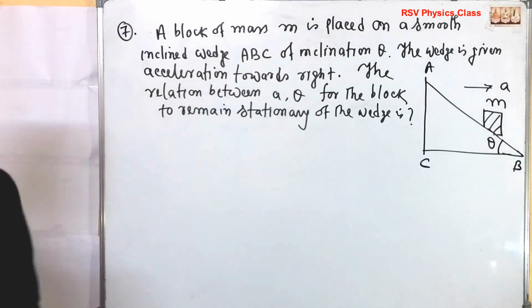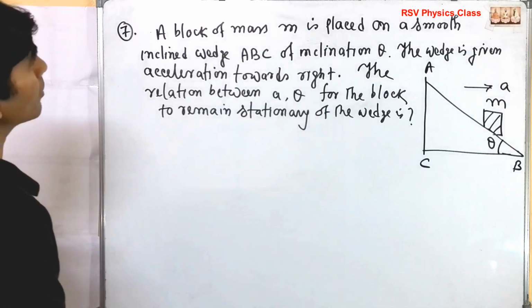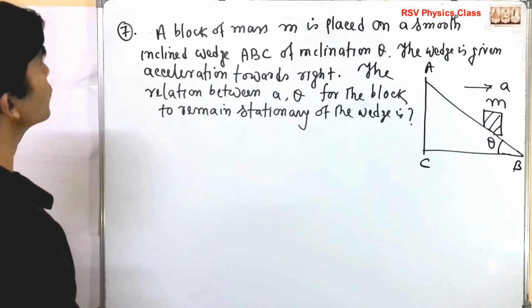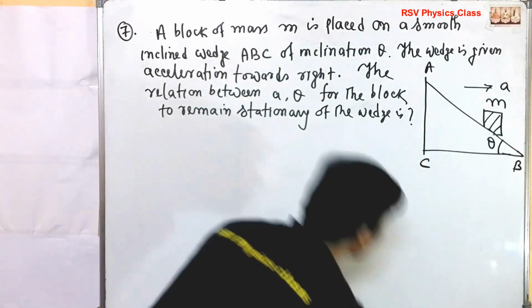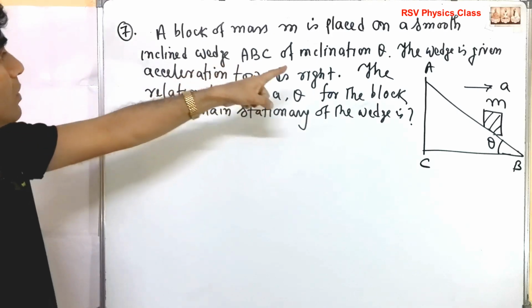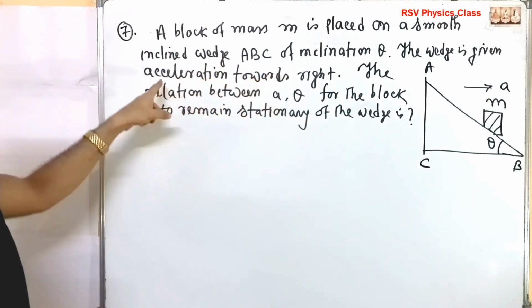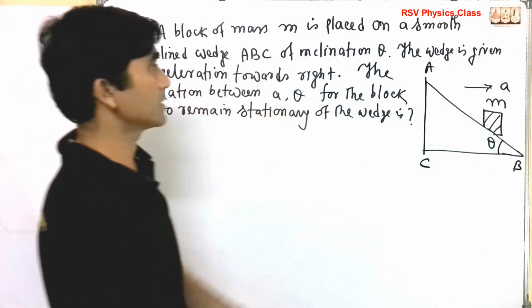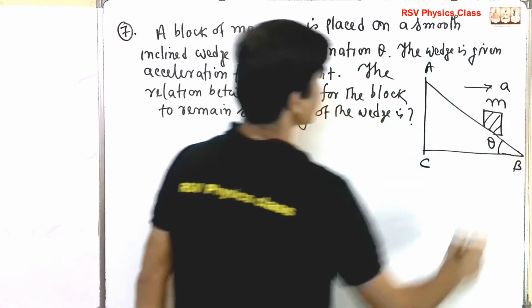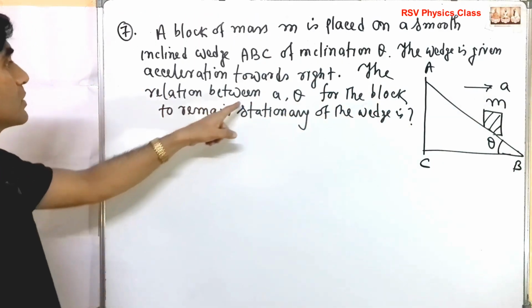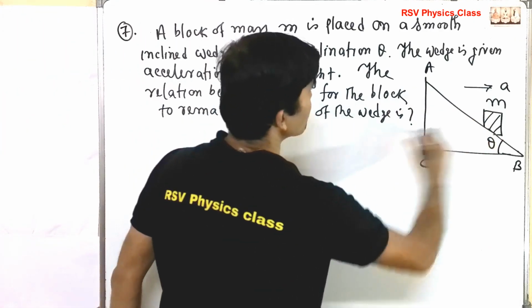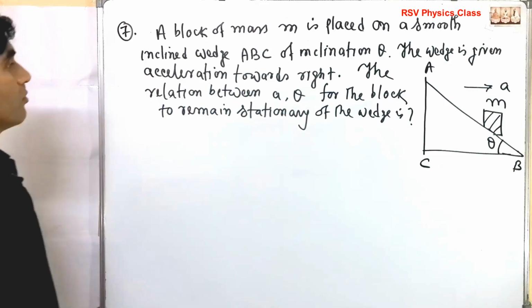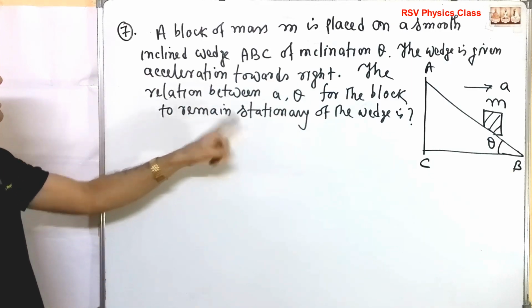Okay. Problem number 7. A block of mass m is placed on a smooth inclined wedge. This is your smooth inclined wedge. Now the wedge is given an acceleration towards the right. So we are giving acceleration on this side. Find the relation between a and theta for the block to remain stationary on the wedge.